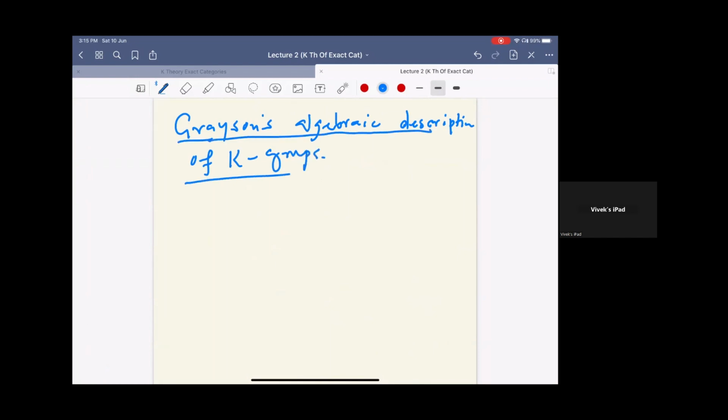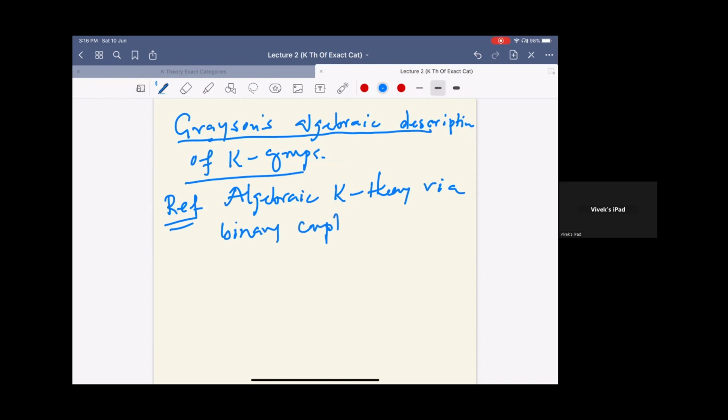Okay, so here is a reference for this: Algebraic K theory via binary complexes, I think Grayson's paper from 2012.